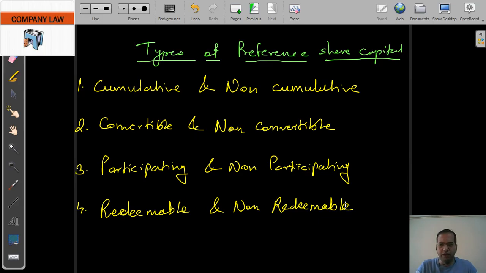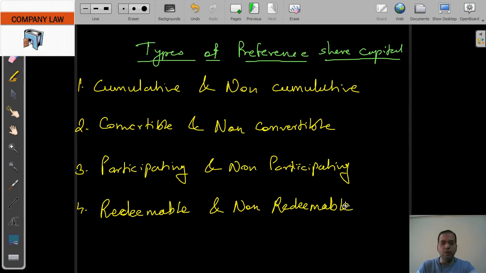If he is a cumulative preference shareholder, his rights will be carried forward to the next financial year. In non-cumulative, if the company does not pay dividend in the current year, the claim of the preference shareholder can be lost in the next succeeding year. So in cumulative, the rights are carried forward to the next year; in non-cumulative, rights cannot be carried forward.